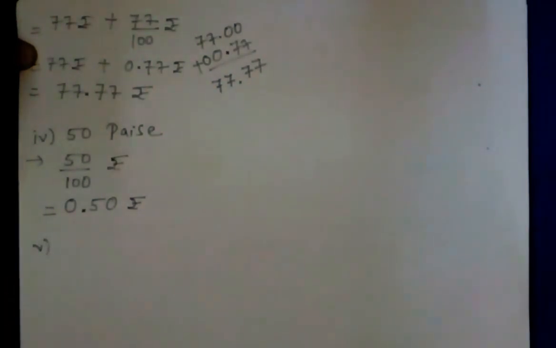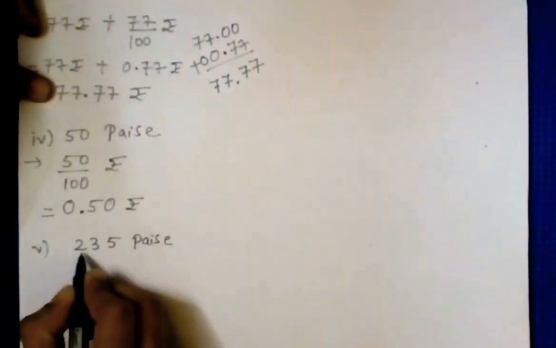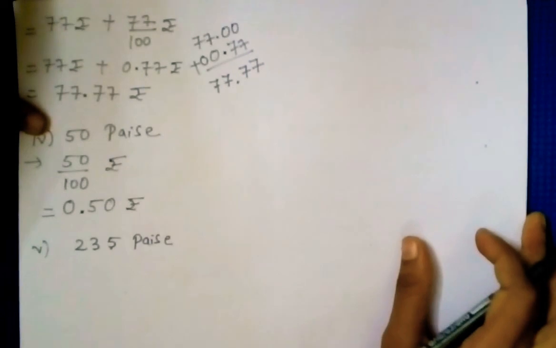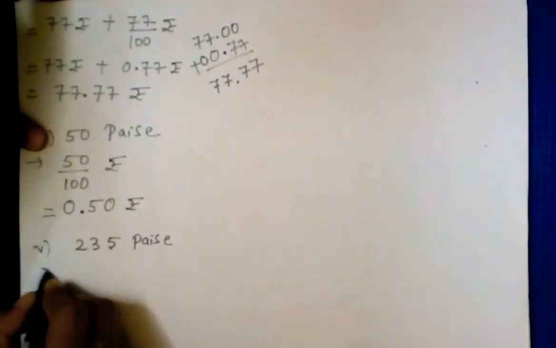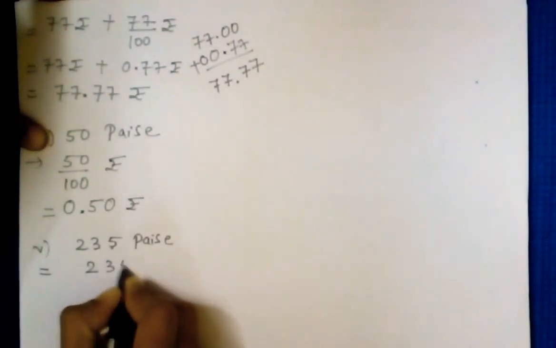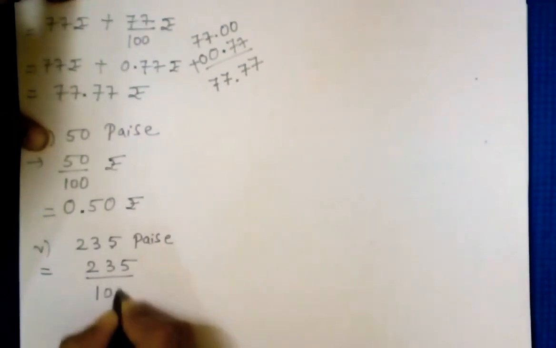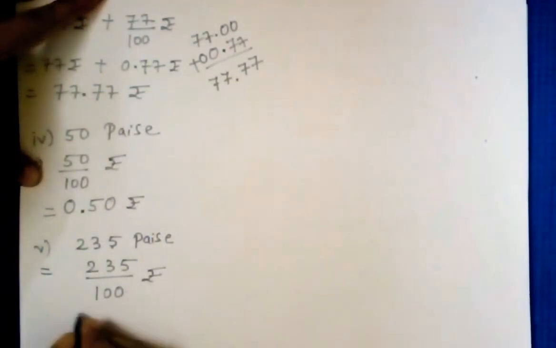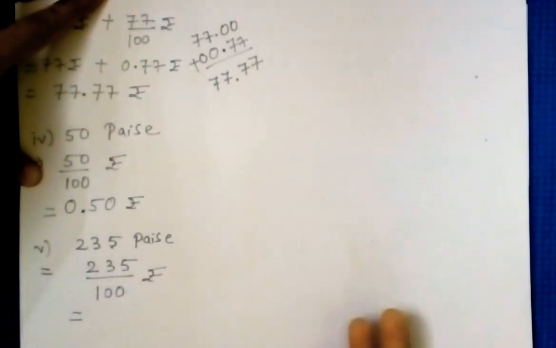Now the fifth one we will see. Fifth one is 235 paise. Again we will convert it to rupees, so we will divide by 100. 235 divided by 100, then we will get the answer in rupees. Again 100 is there, so we have to put the point after 2 digits from the back side.